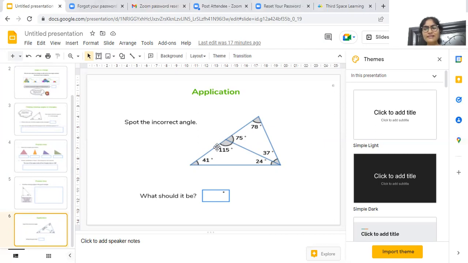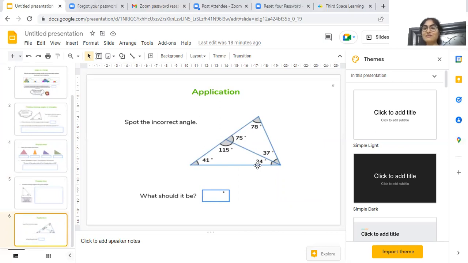So let's calculate for the first one. 41 add 24 add 115 should give us 180. Let's see if it is correct or not. 41 add 24 gives us 65 degrees. And if we add 65 to 115, we get 180 degrees.